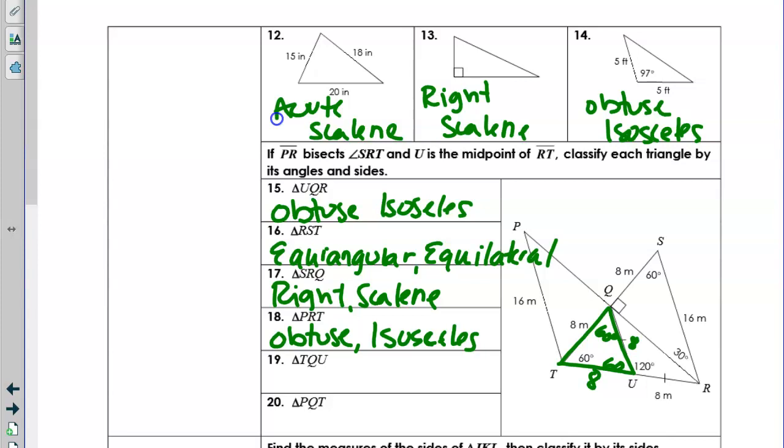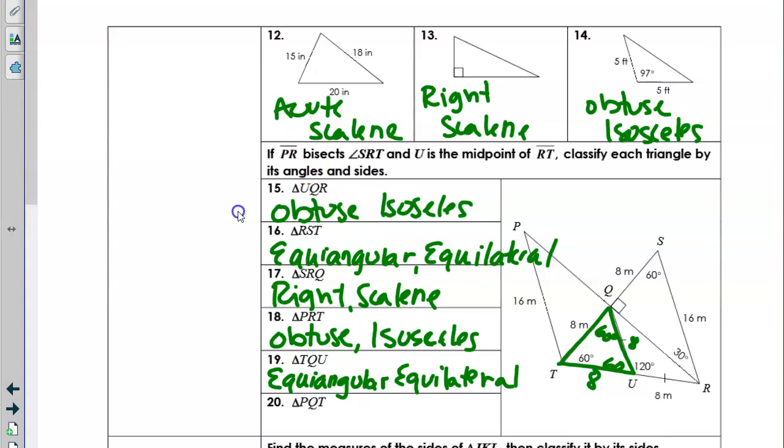They didn't mark it all for you, but they gave you enough information to get there. So now that all our sides are 8, all of our angles are 60, what do we have? Equilateral and equiangular. Very good. I'm going to write the equiangular first. Alright, did everybody follow that on number 19?